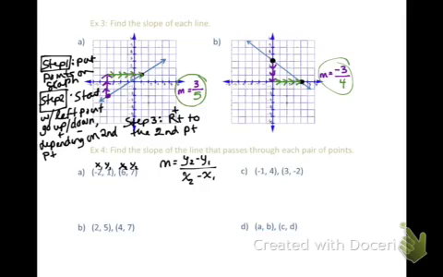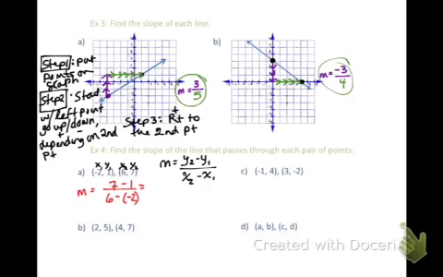Now I can plug those numbers into where they need to go. So on the top part of my fraction, I need to do y2 first, which is 7, and I need to put a subtraction sign, and y1 is 1. And then on the bottom, I have x2, which is 6, and I need to subtract it, and x1 is negative 2. Notice on that negative 2, I put a parenthesis.